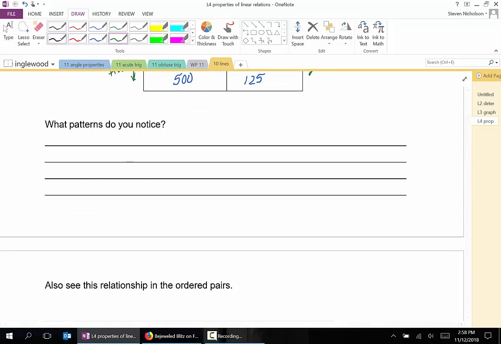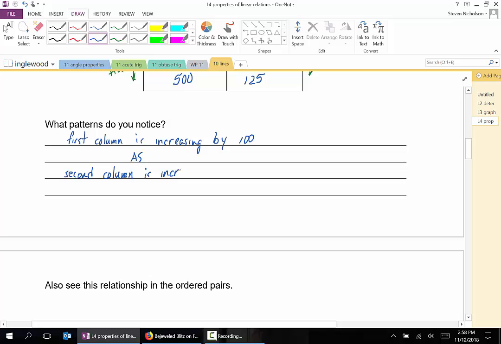So again, what do we notice? In the first column, which is distance, but we're just going to treat it as the first column, the numbers are increasing by 100, as the second column is increasing by 20.